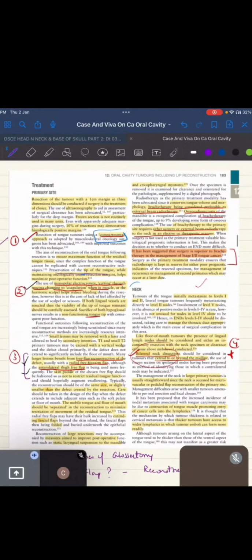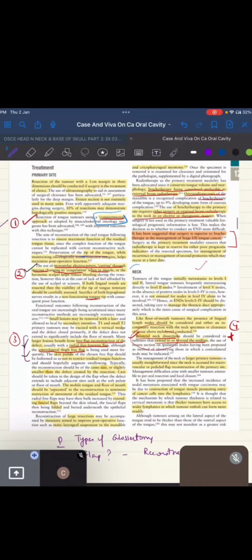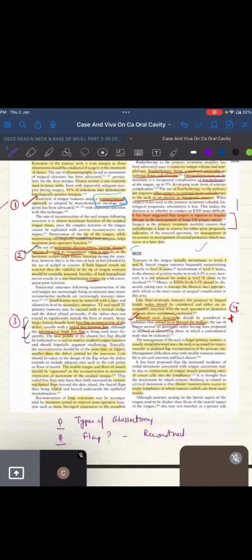In our institute, we used to take a 1 centimeter margin along the whole mass, and the surgeon used to take 1 centimeter clear margin to take it out as a whole. These are certain oncological principles, but nothing specific to CA tongue.